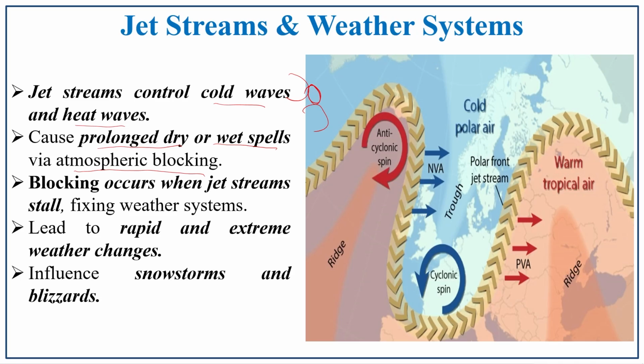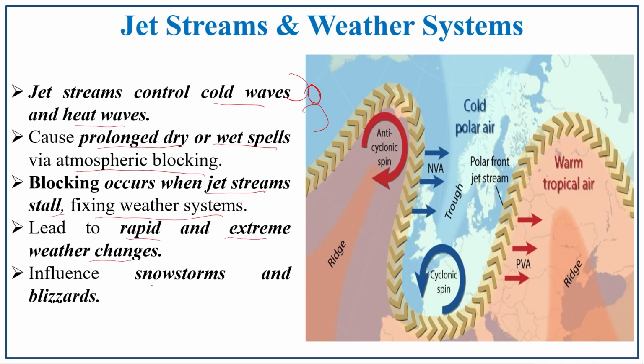So the wet spells and dry spells happen because of this atmospheric blocking. Blocking occurs when the jet stream stalls, fixing the weather systems. That stagnant situation highly influences this blocking nature. That is, it leads to rapid and extreme weather changes.